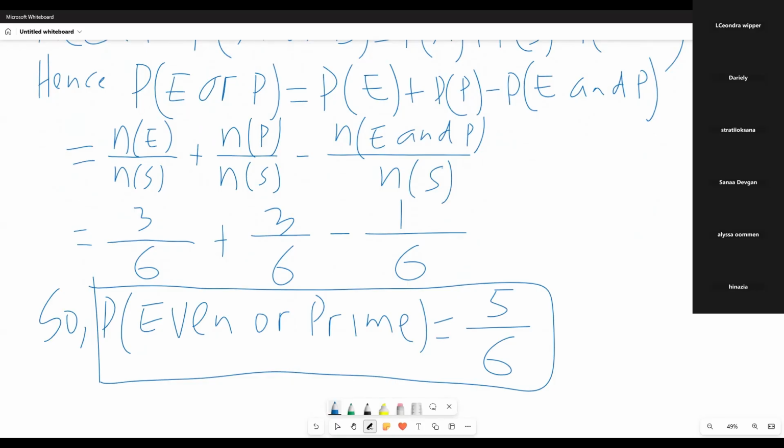Is this clear to everyone? Yes. This is how you perform addition rule of probability.